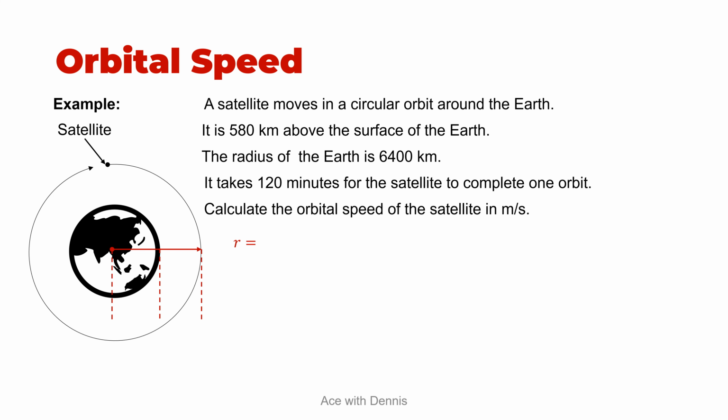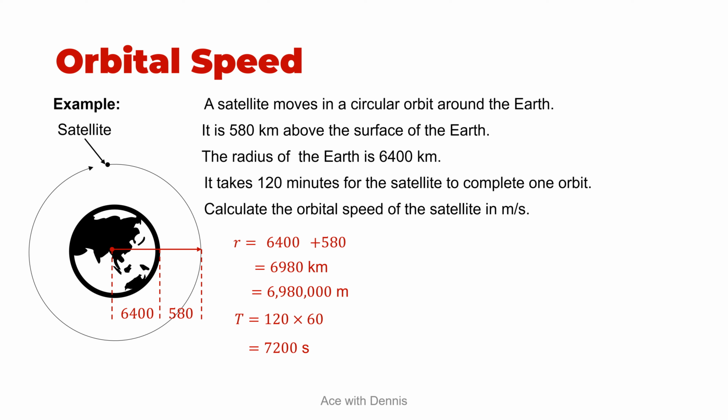For this example, given that the radius of the Earth is 6,400 kilometers and the satellite is 580 kilometers above the Earth, the radius will be 6,400 plus 580, which gives us 6,980 kilometers, or changed to meters, 6,980,000 meters.